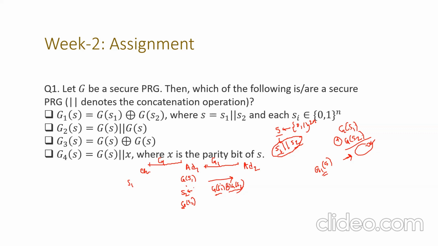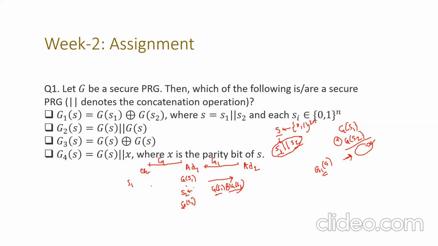So you are actually XORing a pseudorandom string with a pseudorandom string, then it is equivalent to the output of G1, a pseudorandom string. And if the challenger would have given back a random string, there can be 4 cases, right?